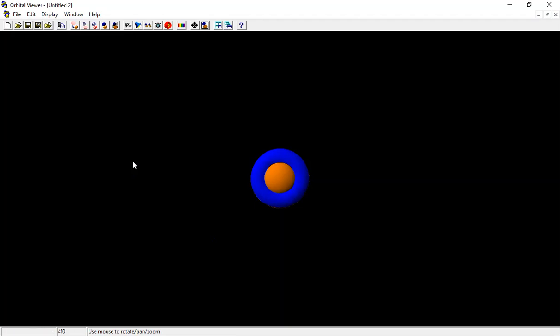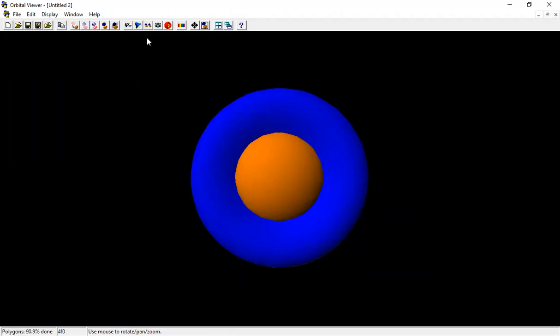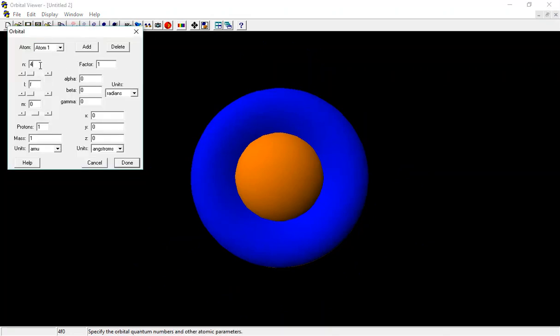That's because the effective pull on the electron in the orbital has been increased by an increased nuclear charge. Let's go ahead and just leave this as hydrogen for now. And let's see, it's going to get bigger, right? Okay, let's go ahead and look at the simplest, lowest energy of all atomic orbitals.